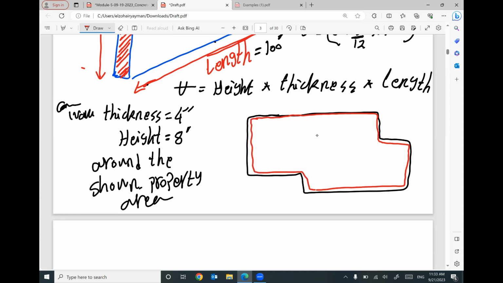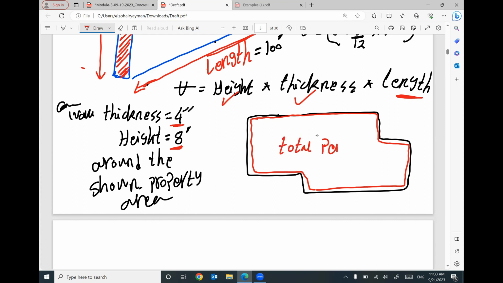That makes sense? So you are given the thickness. You are given the height of the wall. What is the length of your wall? Any help? What will be the length of your wall? Don't give me a number, but just tell me the concept. Yeah, it's not the total width, it's the total perimeter of this area of land.